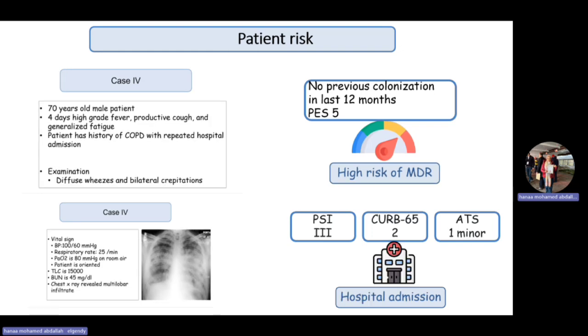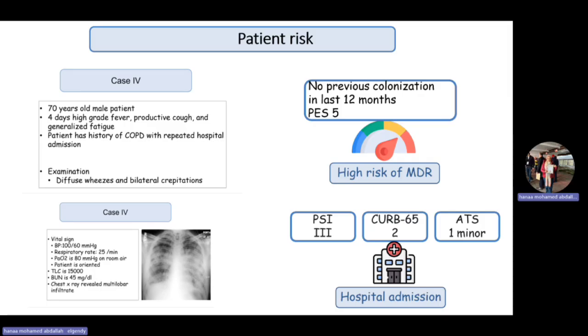Okay, patient number 4. It's assumed that this is a 70 year old patient with a history of COPD and repeated hospital admission. Globally, at first look, you think that this patient will be admitted to the ICU, but this patient has no previous colonization.